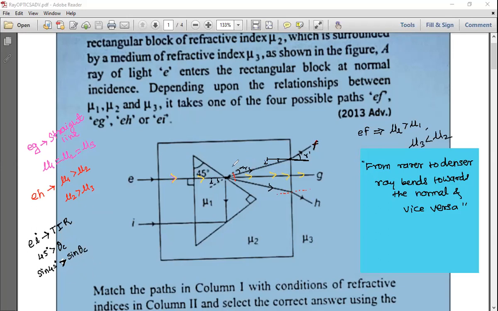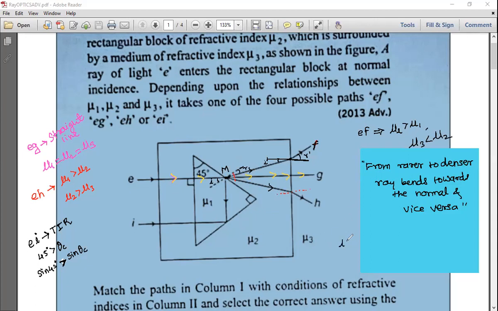Now shall I mark a point here as point m? Because I want to use Snell's law at this point m, which involves these two refractive indices. We know the formula: mu1 sine of i is equal to mu2 sine of 90. You know this for total internal reflection.